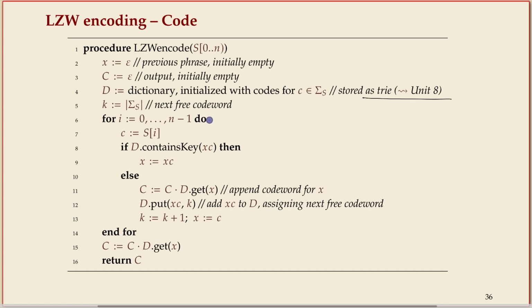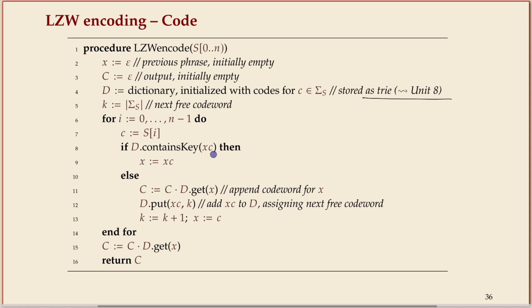Then we go through the entire text. We take the next character to encode. If the dictionary contains what we've seen so far and the next character, then we grow our phrase. So we keep making the part that we store bigger.